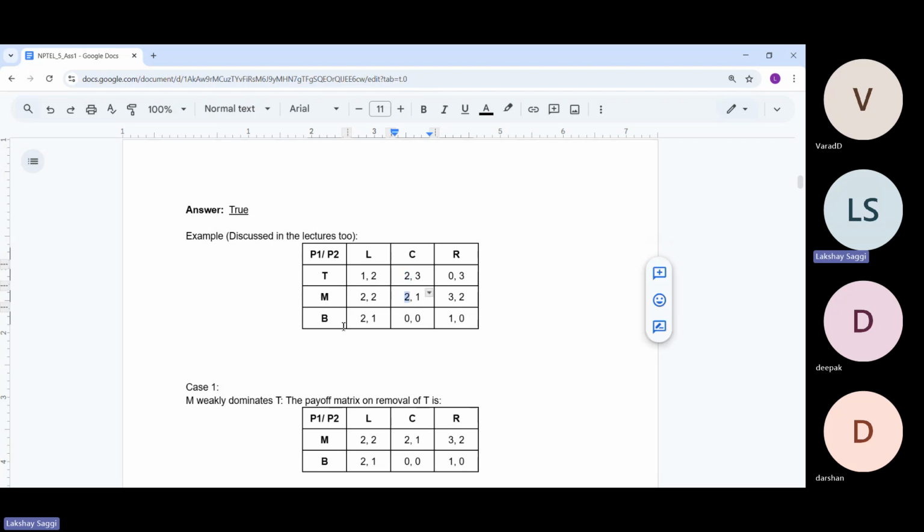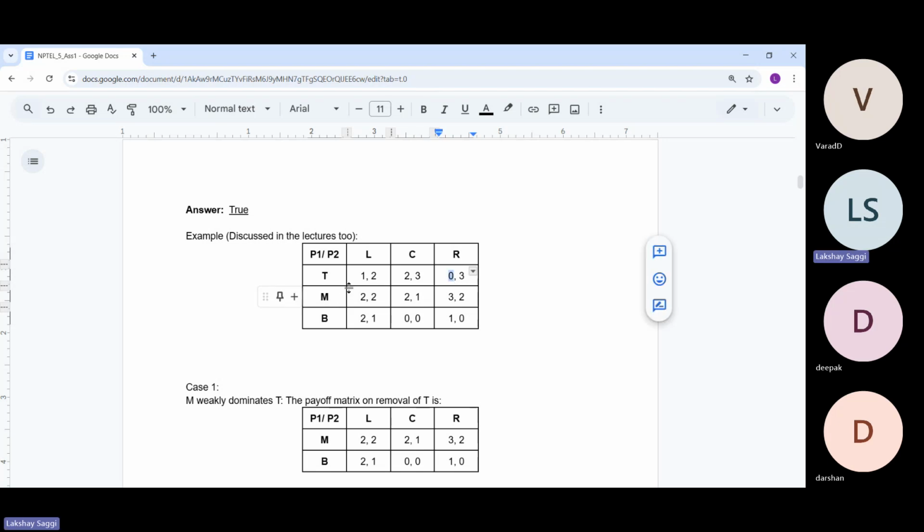So M is no worse off than T if the column player had played C. And if the column player had instead played R, then M would have been strictly better than T, because the payoff in M is 3 and in T is 0.